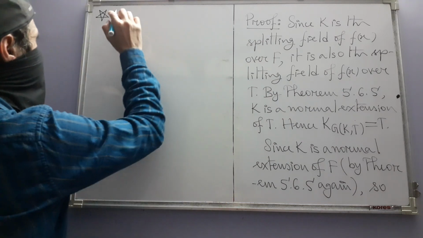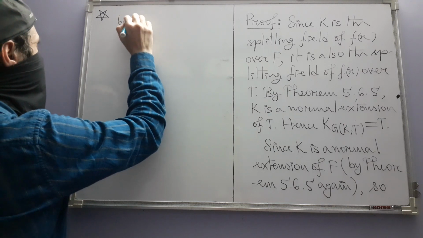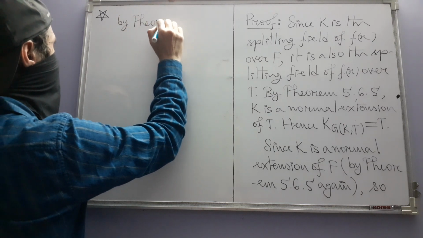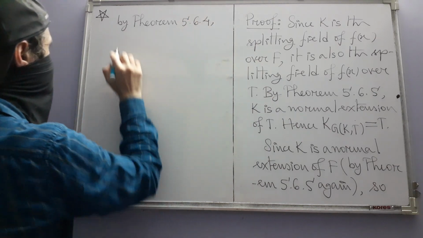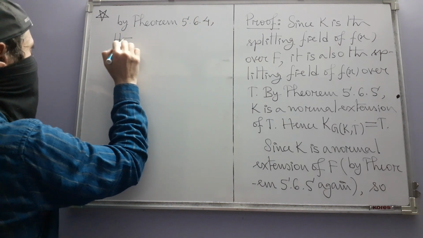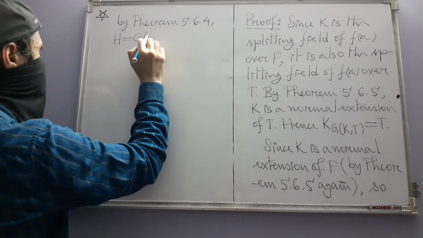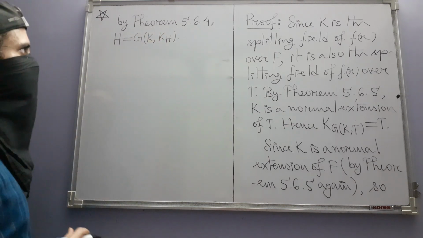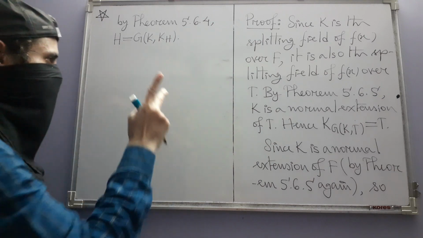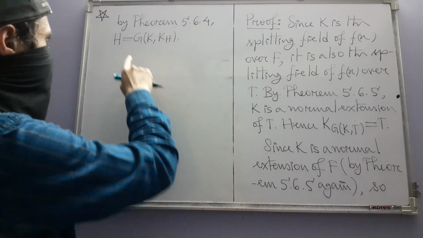So by theorem 5.6.4, the subgroup H is equal to G(K, K_H). You go back to the statement of this theorem. We have two parts there.